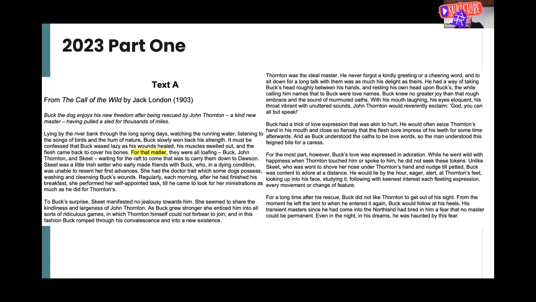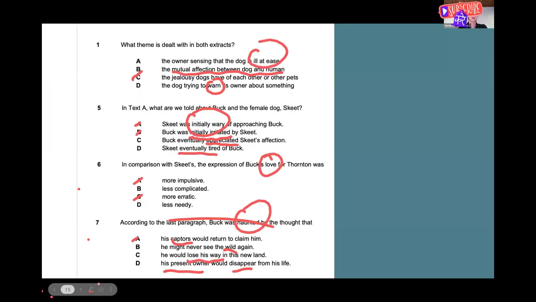So that is why we'll eliminate A. He might never see the wild again. We see no mention of the wild, so we can cross that out. He will lose his way in this new land. Again, we see no mention of that, so our answer is D.